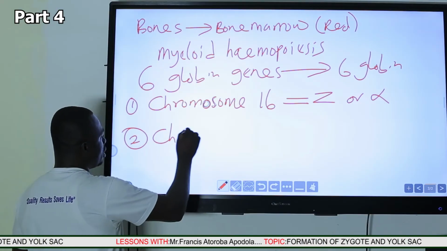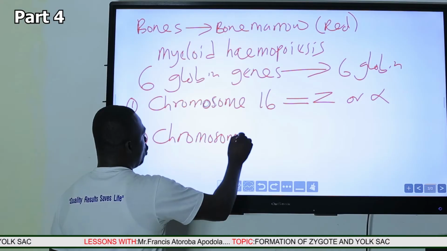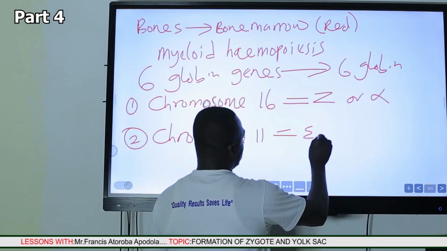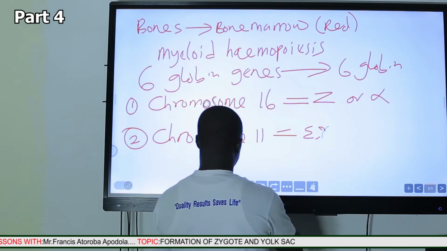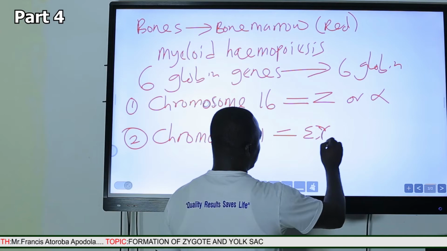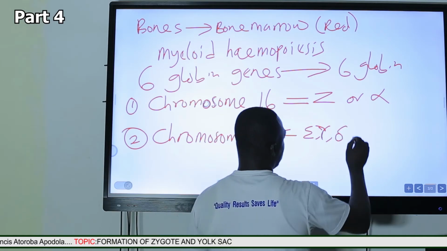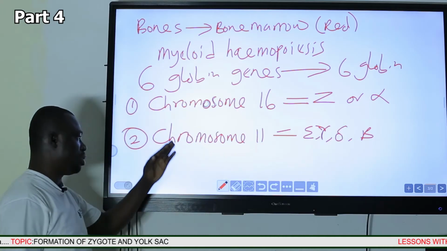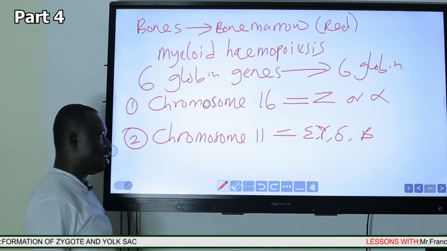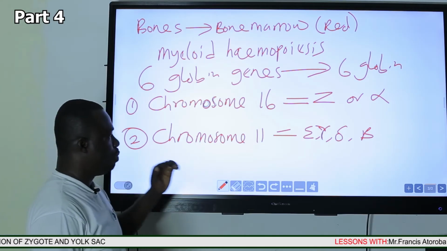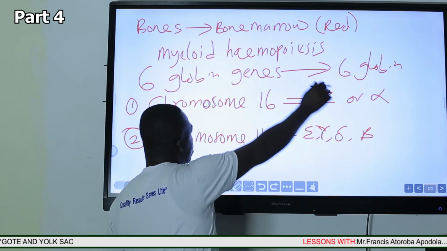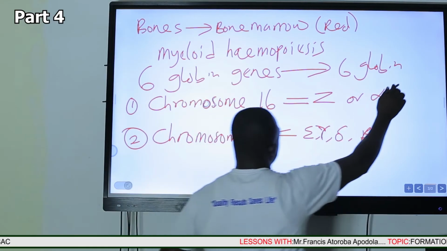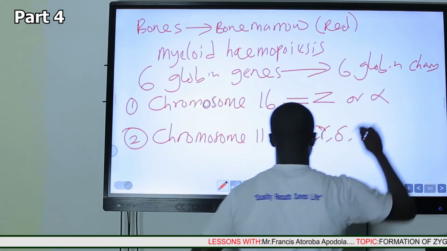And we have chromosome 11, where we have the epsilon gene, the gamma gene, the delta, and then beta. So 2 are located on chromosome 16, 4 on chromosome 11. That makes up a total of 6 globin genes, and each will code for the production of a globin chain.